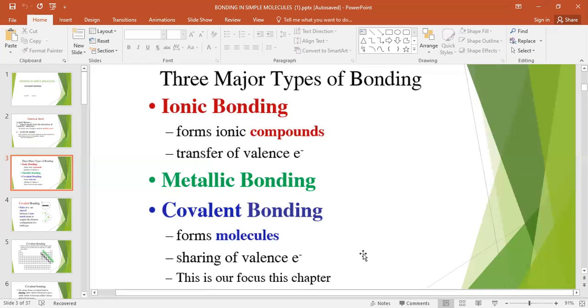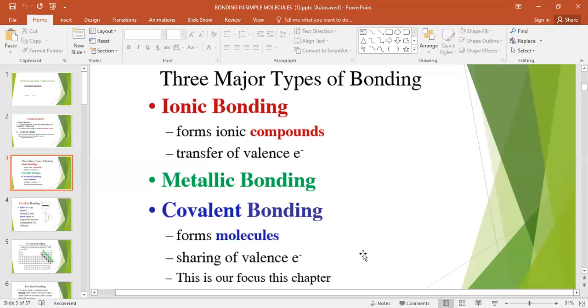How do you divide this into single, double, and triple? It depends upon the number of electrons. How many electrons are they going to share? If they share one, single. If they share two electrons, like oxygen, O and O, oxygen shares two electrons, so we get double covalent bonding.